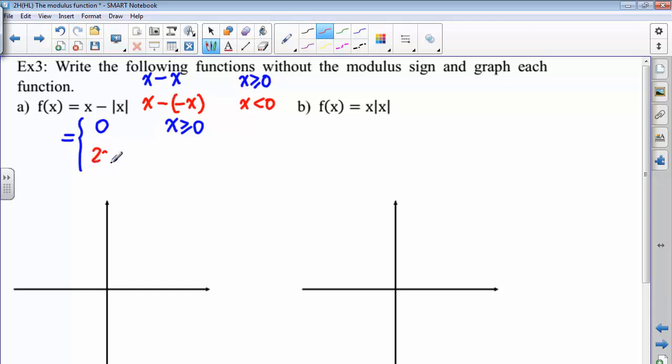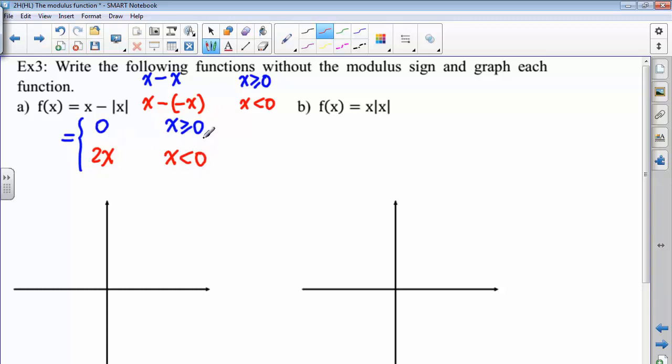This one is negative, so it becomes plus x. So it's x plus x, 2x, when x is less than 0. If I want to graph this modulus function, I just graph this piecewise function. So I graph each piece respectively.